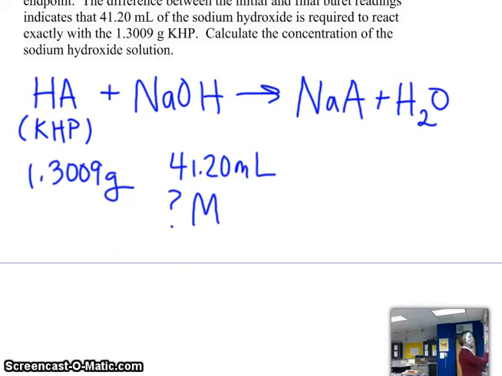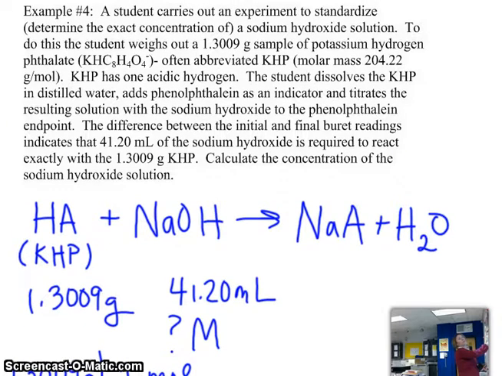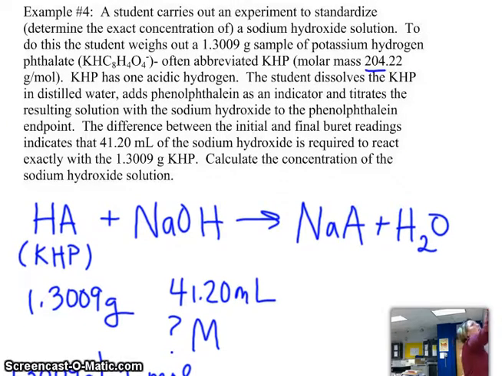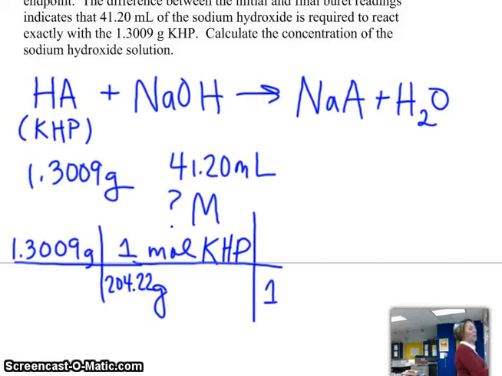If you have the grams of KHP, just like you do, you can find the moles. According to the formula, 1 mole of KHP, isn't it nice when they give you the molar mass? 1 mole of KHP weighs 204.22 grams. So that'll give us the moles of KHP. Since I have the moles and I have the equation, I can find my moles of NaOH.